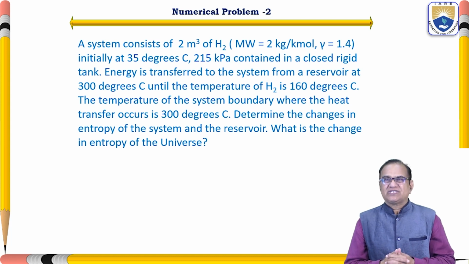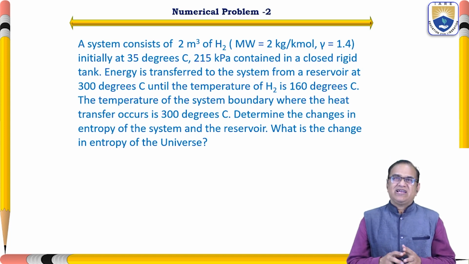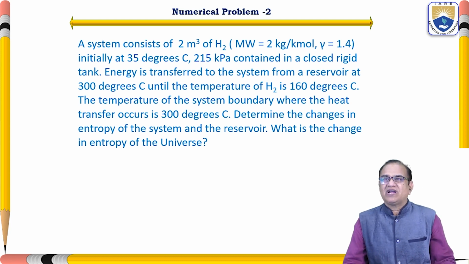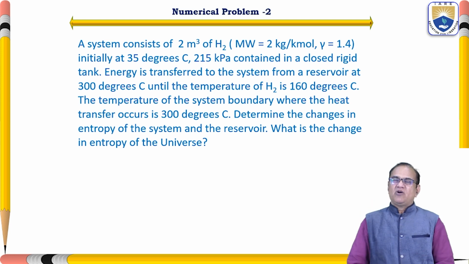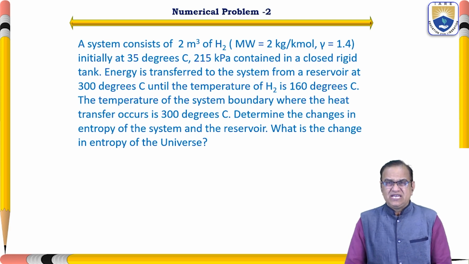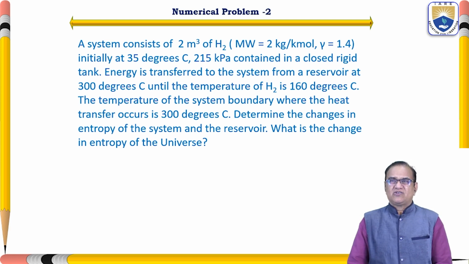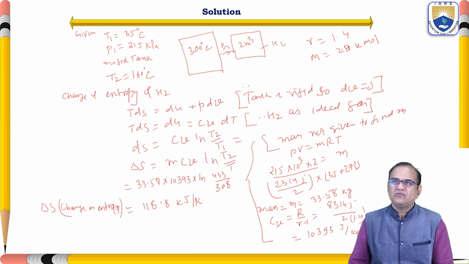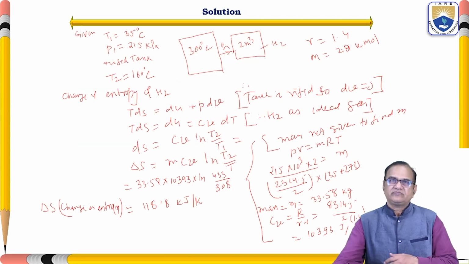Energy is transferred to the system from the reservoir at 300 degrees centigrade until the temperature of H2 is 160 degrees centigrade. The temperature of the system boundary where the heat transfer occurs is 300 degrees centigrade. Determine the changes in entropy of the system and the reservoir. What is the change in entropy of the universe? That we have to find out.